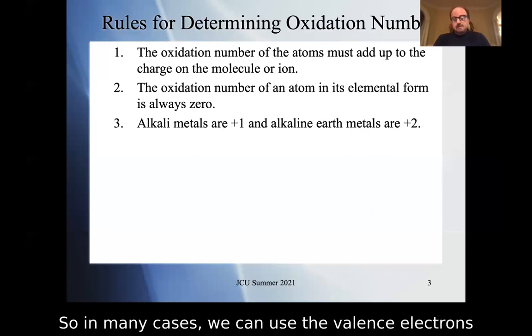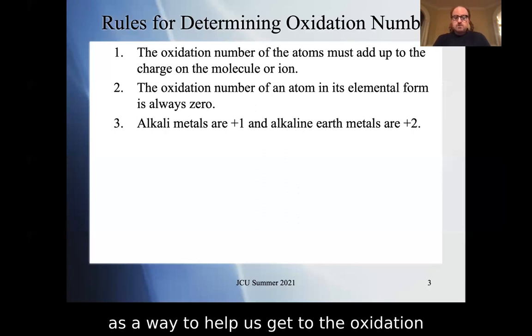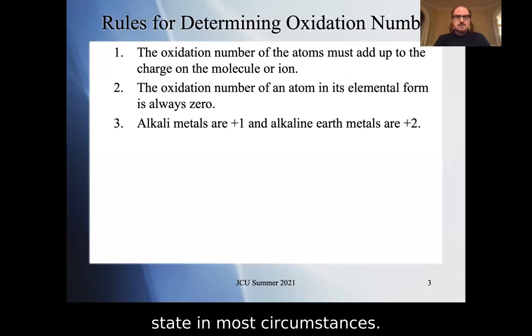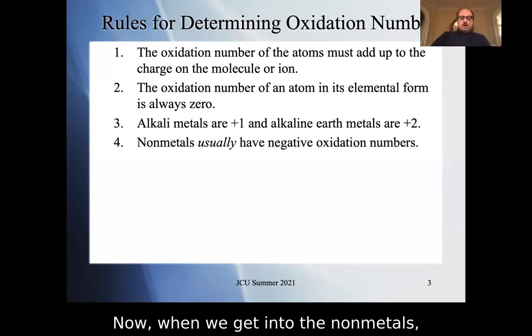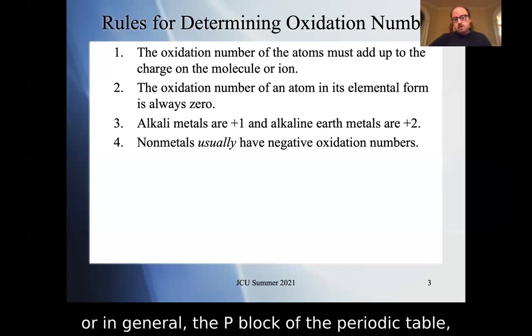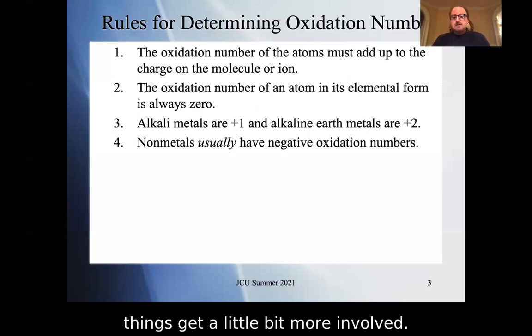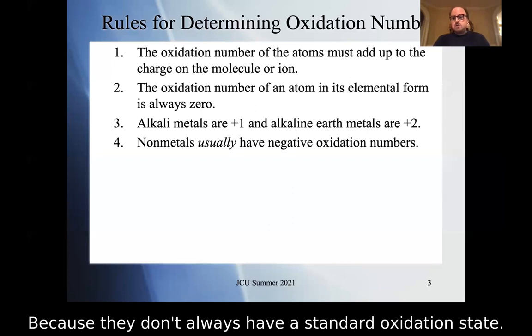So in many cases, we can use the valence electrons as a way to help us get to the oxidation state. Now, when we get into the nonmetals, or in general the P block of the periodic table, things get a little bit more involved because they don't always have a standard oxidation state.